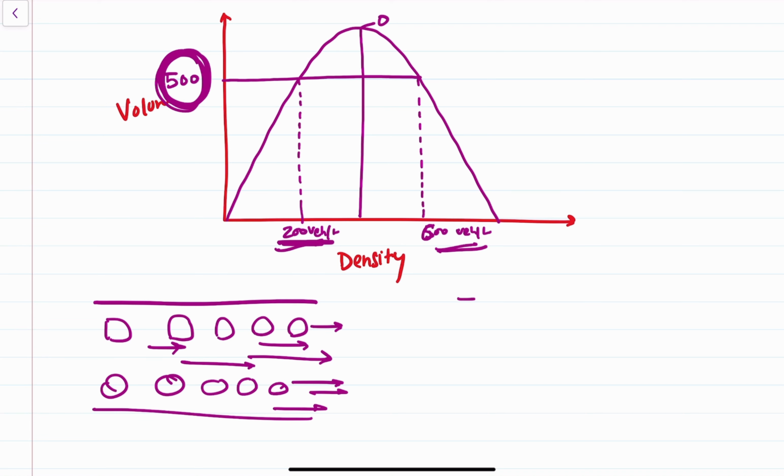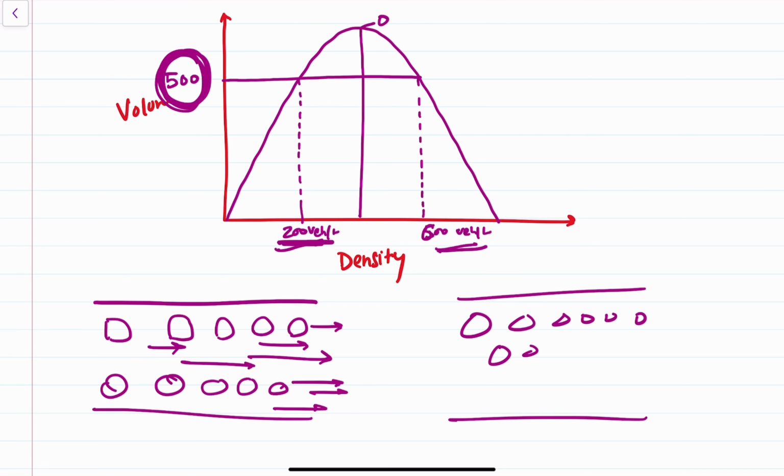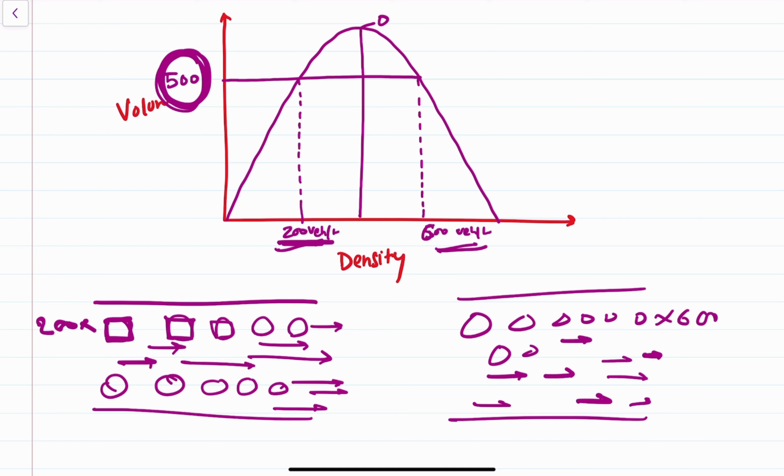While here we have 600 vehicles that are occupying the road, while only 500 are crossing the road. I hope it's clear. I'll again repeat. We have 200 vehicles occupying the road, while 500 are moving.